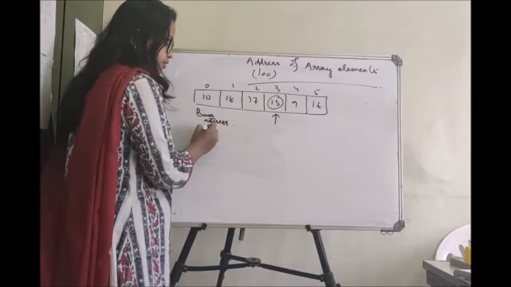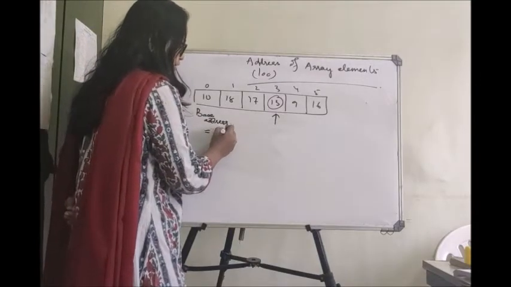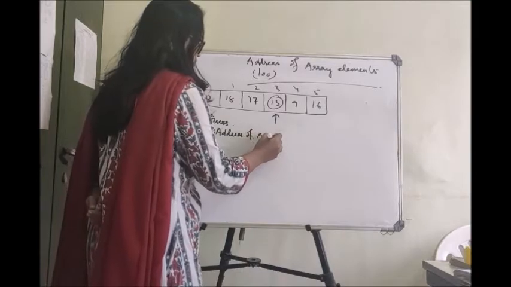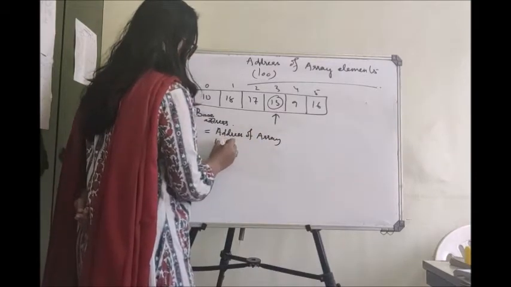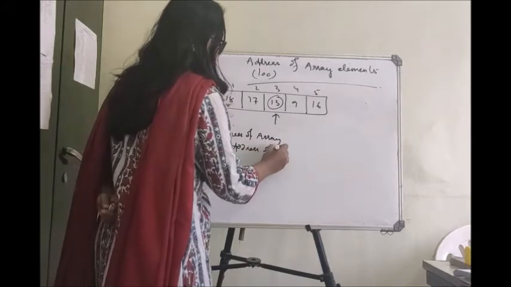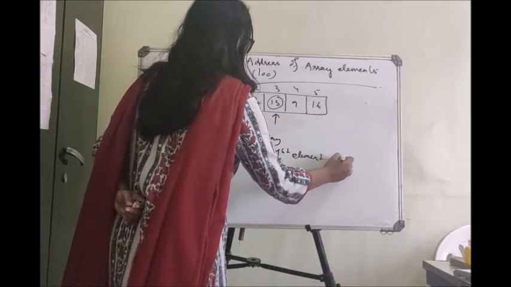So what is the base address? Base address is the address of the array, or we can say the address of the first element of the array.